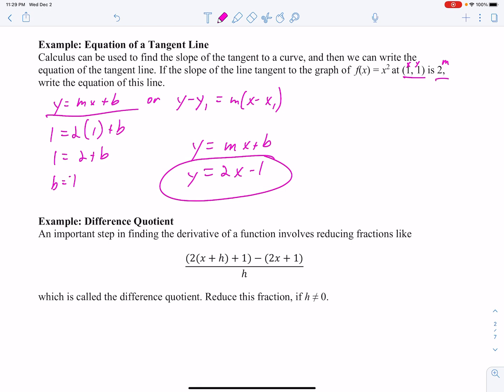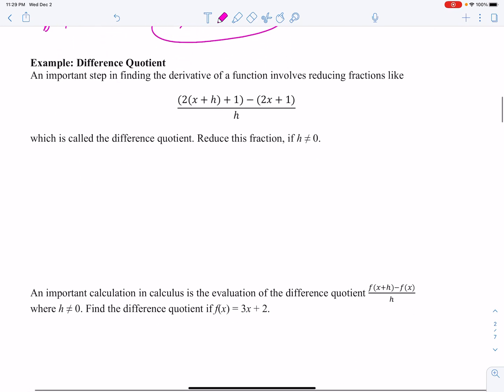And there you go. That's the equation of the tangent line to that graph at that point with a slope of 2. All right? Okay, so don't worry too much about all the calculus stuff I'm saying. Actually, don't worry about it at all. Understand the algebra. That's the important stuff.